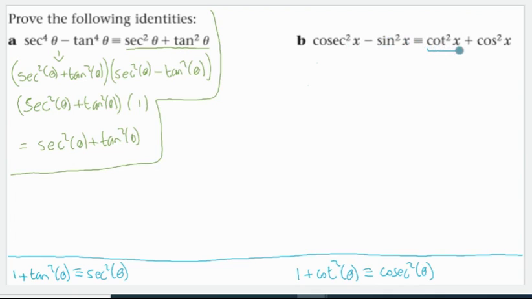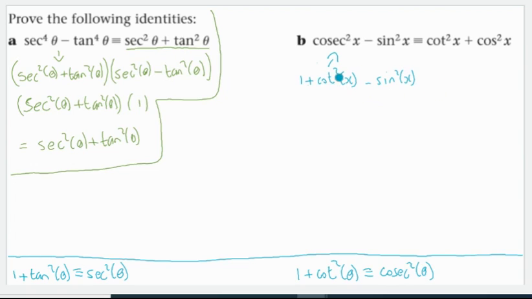I can see a cot squared x in the thing that we're trying to get to. So how can we make a cot squared x out of what we have on the left-hand side? Well, we've got this identity: 1 plus cot squared x is identical to cosec squared x. So I can replace cosec squared x with 1 plus cot squared x. And that's minus sine squared x.